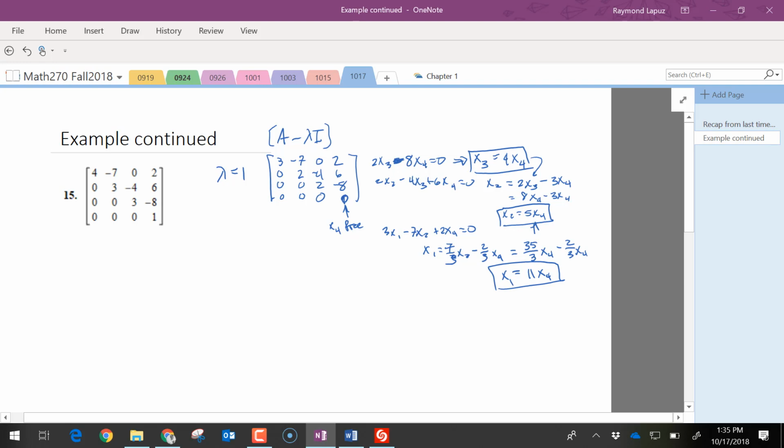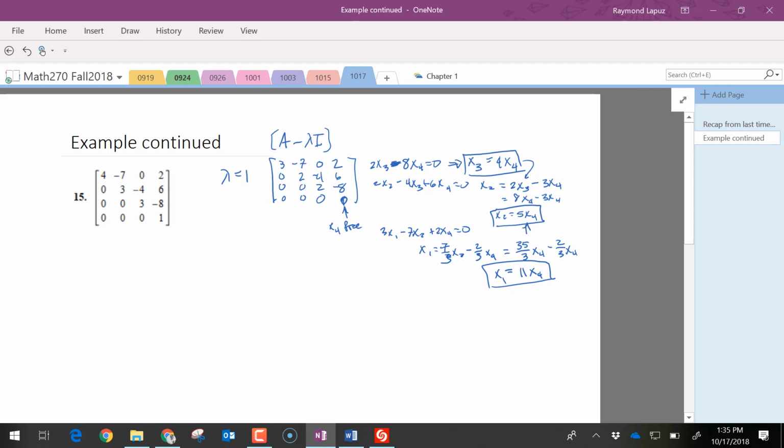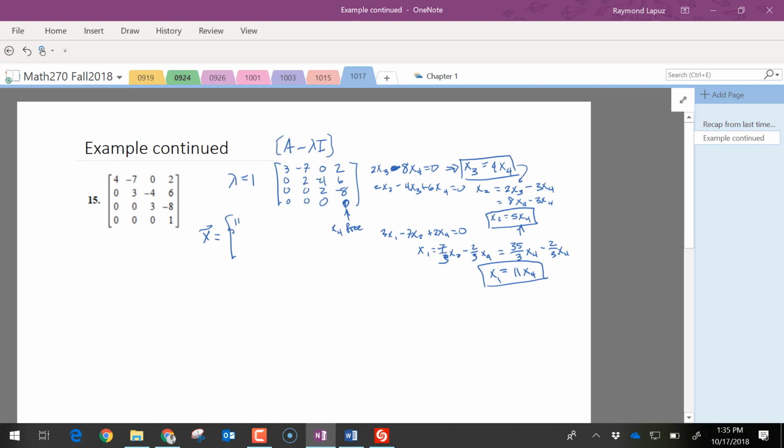So all these will have an x4 in it. And so our solution for the null space would be 11x4, 5x4, 4x4, and 1x4. So 11, 5, 4, 1 is going to be our eigenvector for the eigenvalue 1.